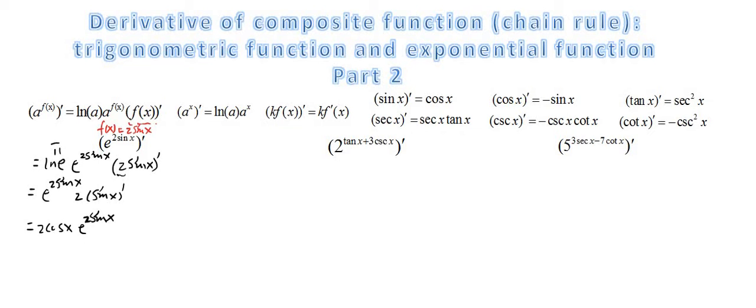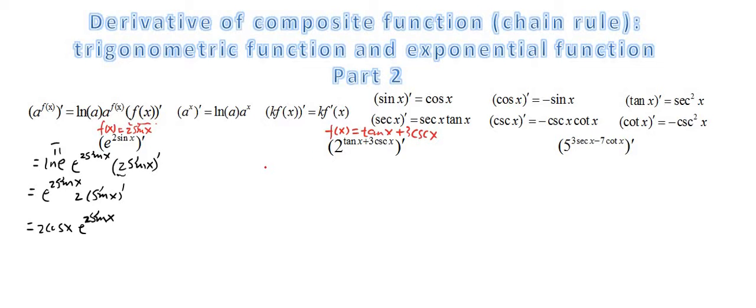Now let's take a look at the second one. The second one, we can tell f(x) equals tangent x plus 3 cosecant x.